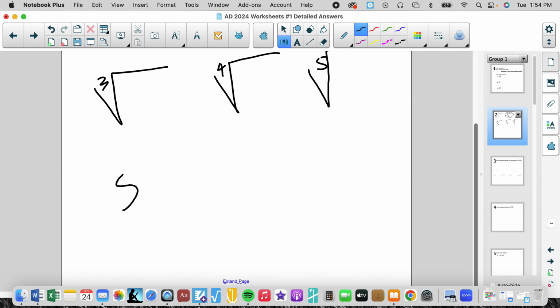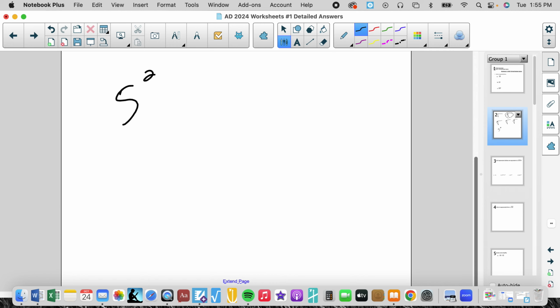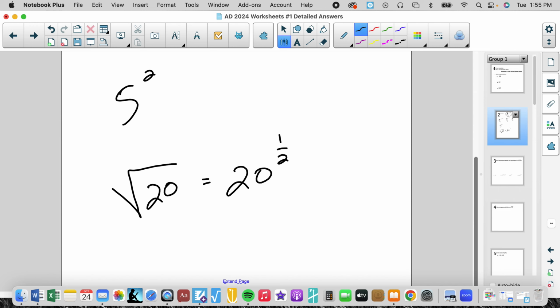Exponents are written like this. And so we can write radicals as exponents. So if we have the square root of 20, we would write this as 20 to the 1/2.